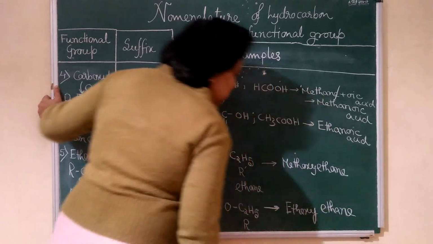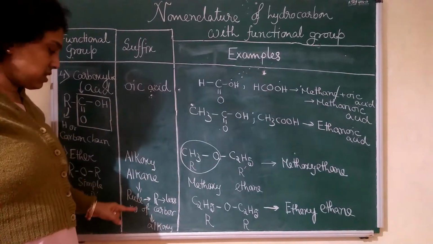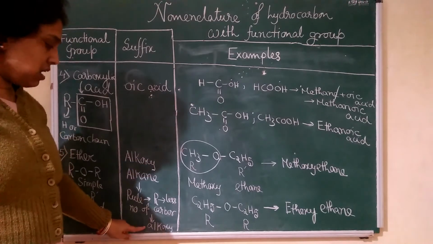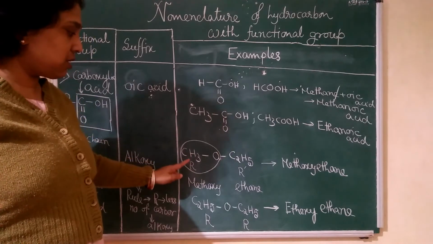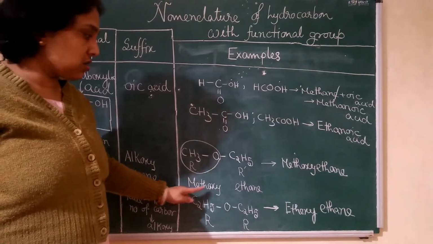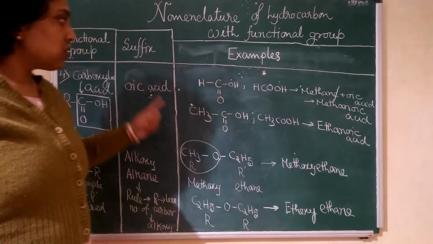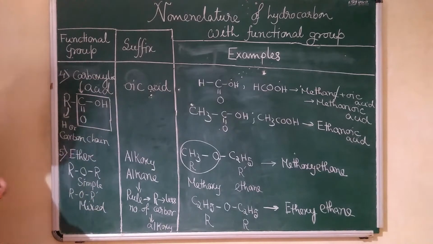Ethoxyethane. Understood? Always remember one rule: the R group with fewer carbons becomes alkoxy. Here that's why we wrote methoxy, and the alkane with 2 carbon is ethane. So now write down these 2 functional groups. Then next we'll do the remaining 2.